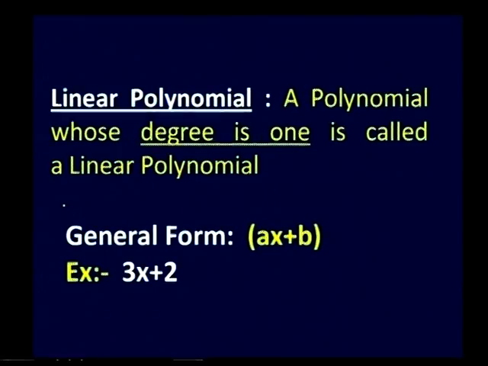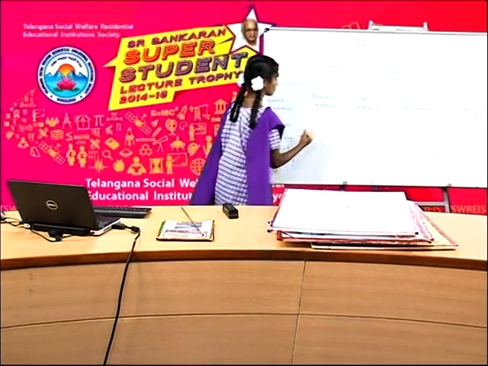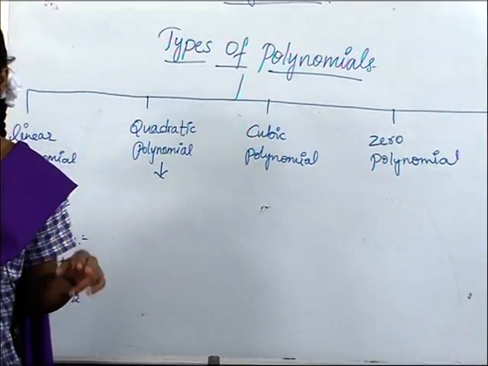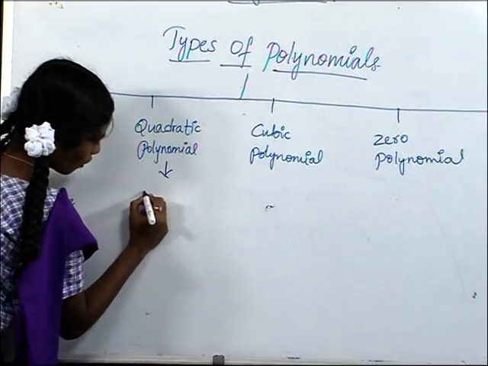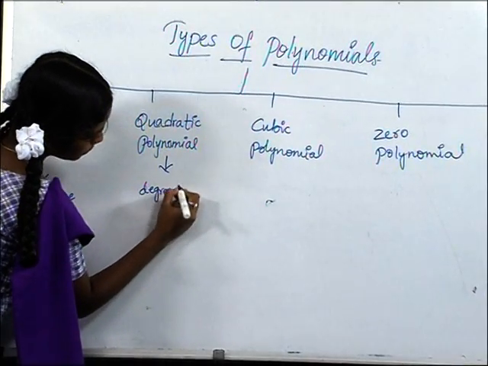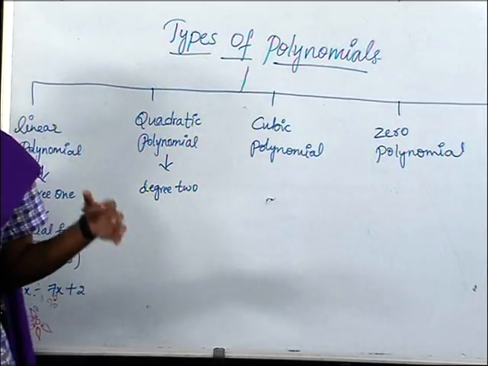Friends, now we are going to discuss quadratic polynomial. A polynomial whose degree is 2 is called a quadratic polynomial.